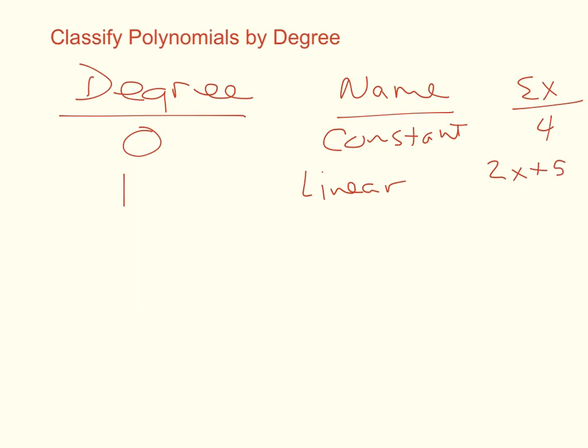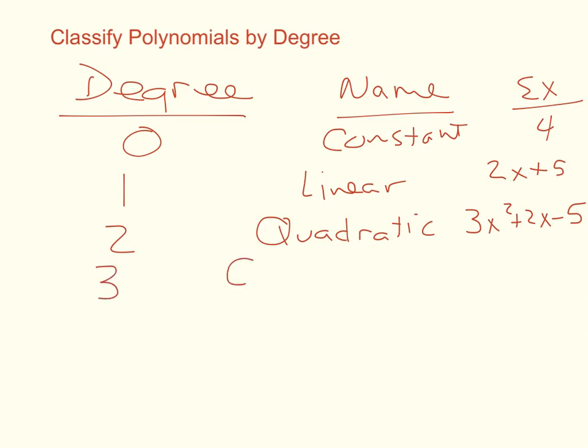X is raised to the first power. Degree of 2, we call that a quadratic. 3x squared plus 2x minus 5. So x squared is a quadratic. Degree of 3, call it a cubic. X cubed minus 1 is a cubic, raised to the third power.